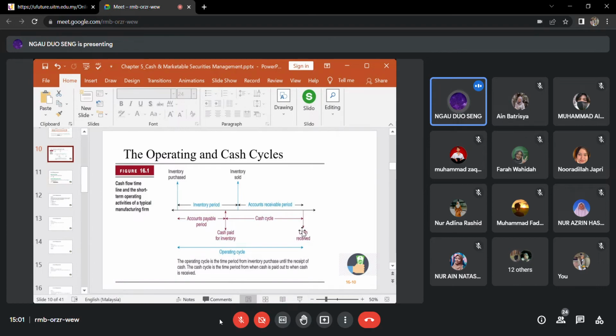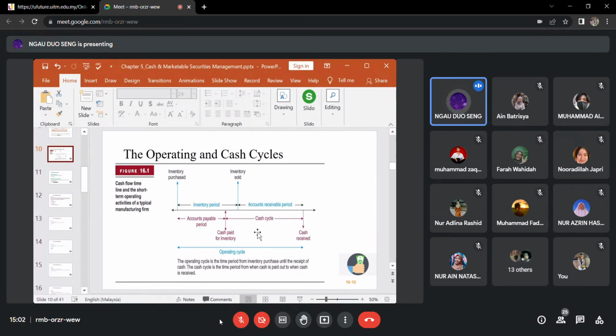So you can see in between we have satu gap, and the gap kita panggil cash cycle, which is the cash you receive mungkin hari ke-30, tapi bayaran kepada suppliers adalah hari ke-10. So maksud dia, you ada gap selama 20 hari. And the gap is we call cash cycle.